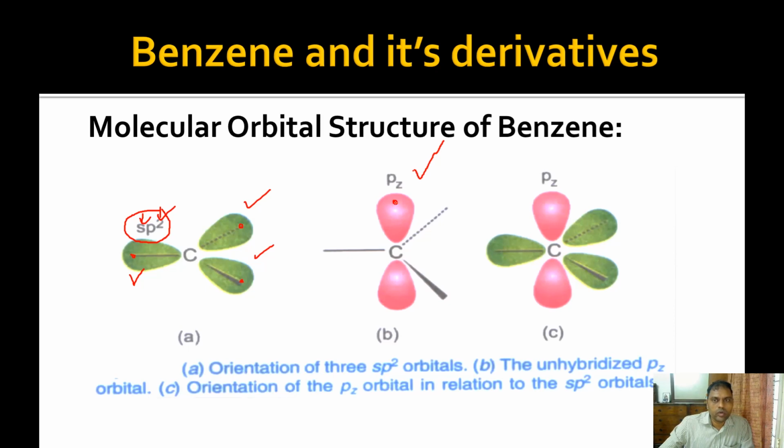Now if you look at the carbon, if you put all these together, it should look like this. These are hybridized orbitals, sp2 orbitals, right? 2s and 2px, 2py, they join together and you will get these sp2 orbitals.